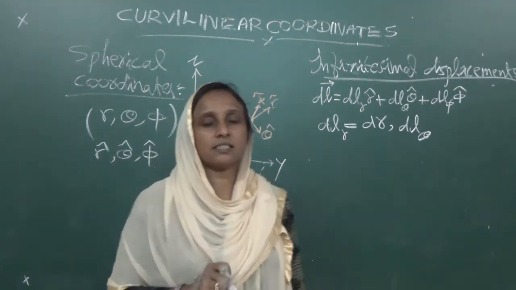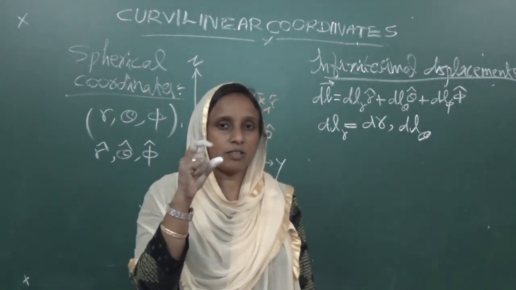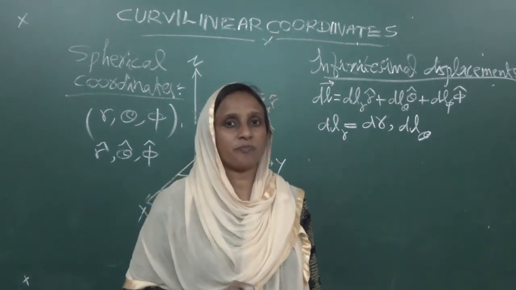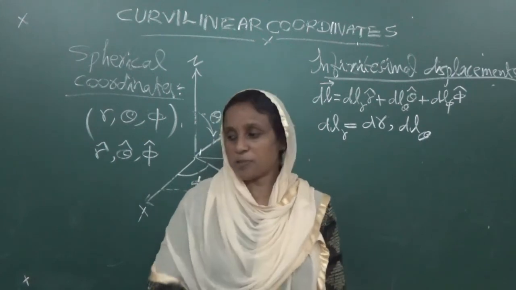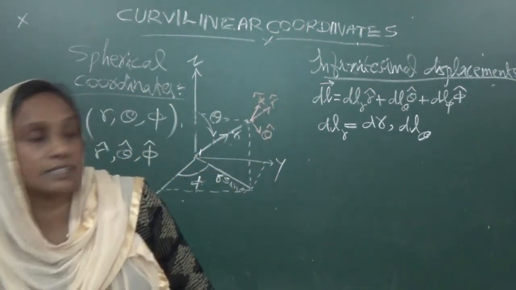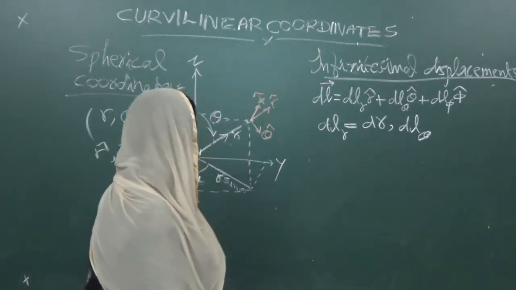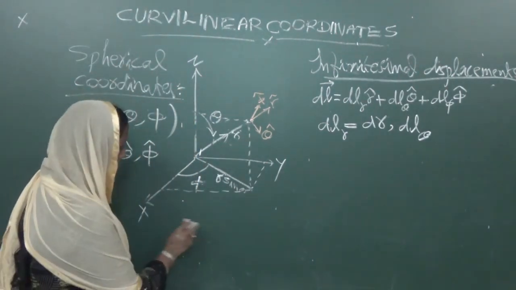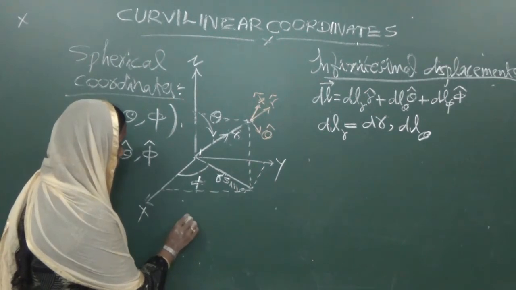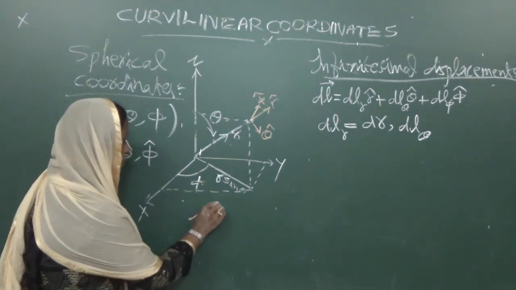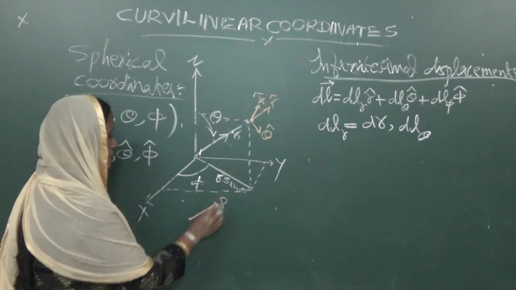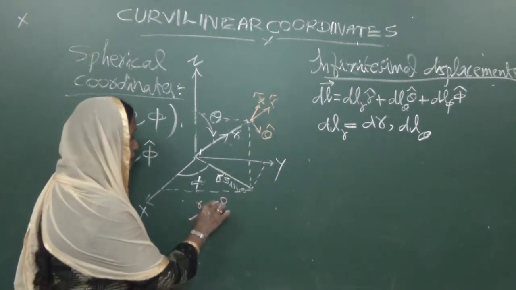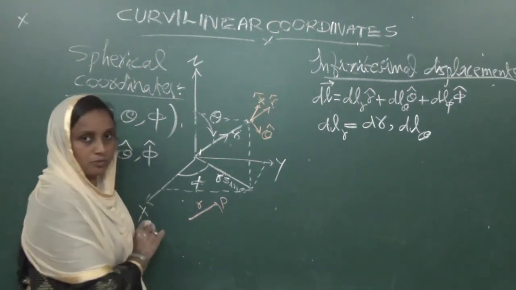dl_theta is the infinitesimal displacement as theta varies. Right? Infinitesimal displacement as theta varies. So, I can show you here the diagram. That means, suppose this is the point P, this is vector R. Okay, now theta varies along this direction.